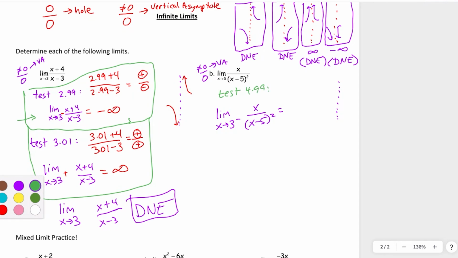So we're going to plug that in. Obviously, it's going to make the numerator positive because 4.99 is positive. And since this is squared, it doesn't even really matter what you put in here because squaring a number is always going to make it positive. So the denominator is going to be positive also. So on the left-hand side, this limit is going to positive infinity.